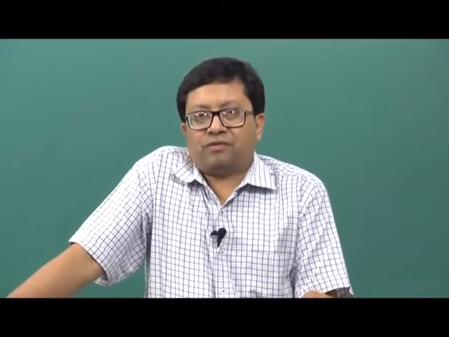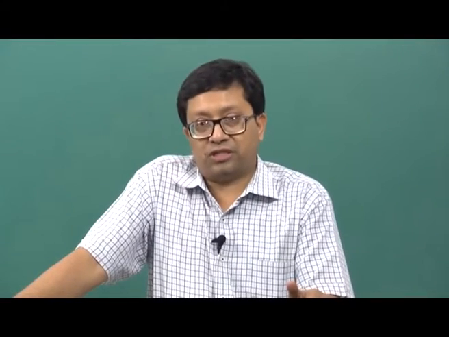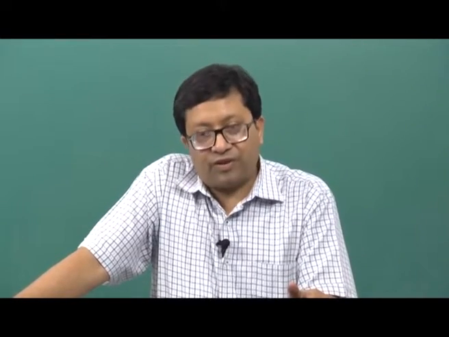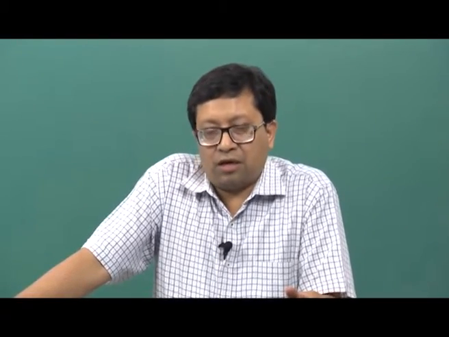Now, the general properties of the utilities considering the functional form. When I am risk averse, the expected values remain the same. What is more important to note is that the decision changes based on what type of person he or she is, whether they are a risk lover, indifferent to risk, or risk avoiding.